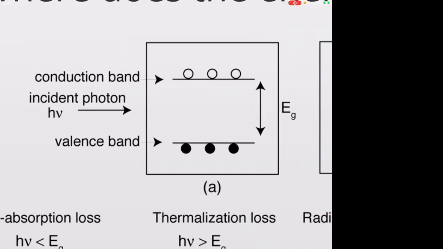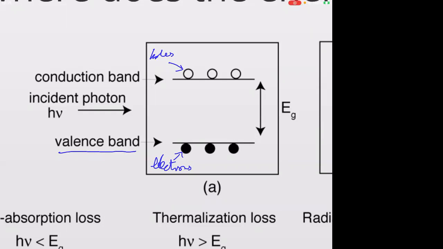We have the valence band, which is filled with electrons, shown by these solid circles. And then we have the conduction band up here, which is filled with what we call holes, which are essentially vacancies of electrons, or in other words, those are energy levels that the electrons can occupy.